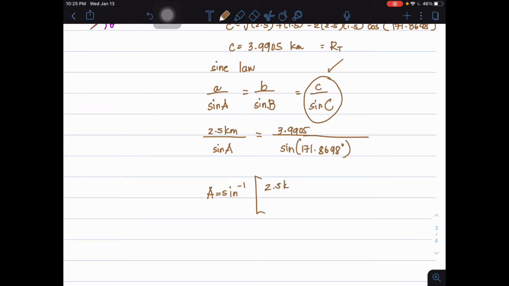Therefore A is equal to arc sine of 2.5 kilometers multiplied by sine of 171.8698 degrees over 3.9905.